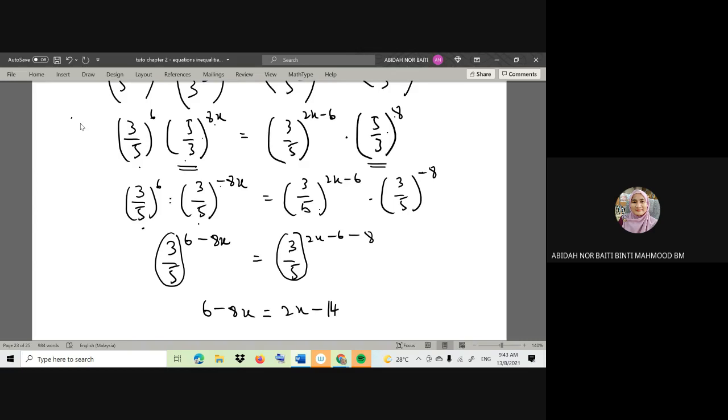So here we get negative 10x equals negative 20. Therefore, your x is 2.